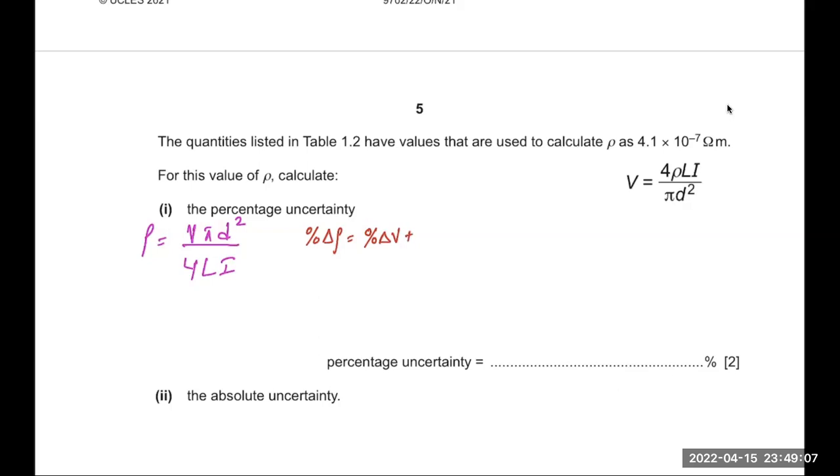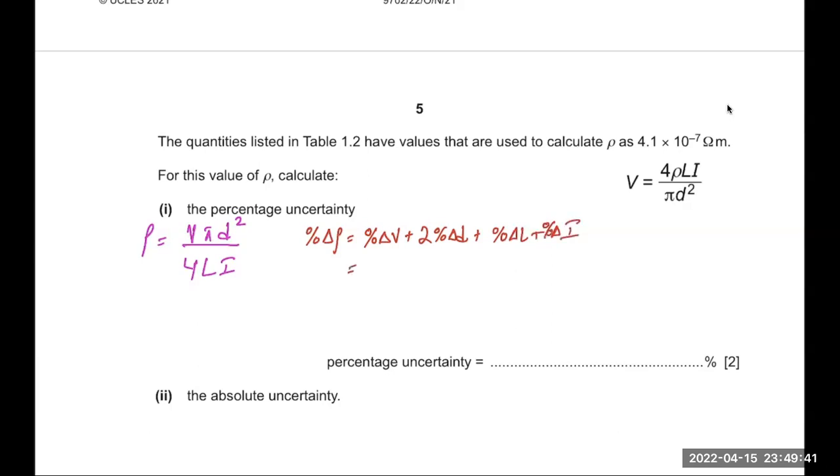Plus d squared: because of the squared sign over here, any power that you have gets multiplied to the percentage uncertainty. So 2 times the percentage uncertainty in d, plus 4 is a constant, has no uncertainty. L has an uncertainty, so percentage delta L, plus percentage delta I.